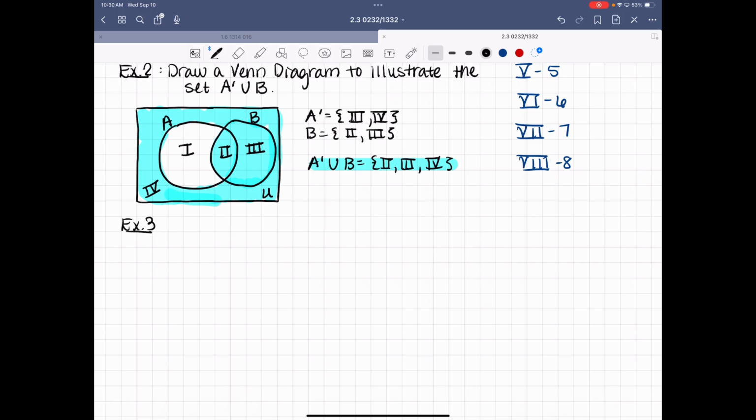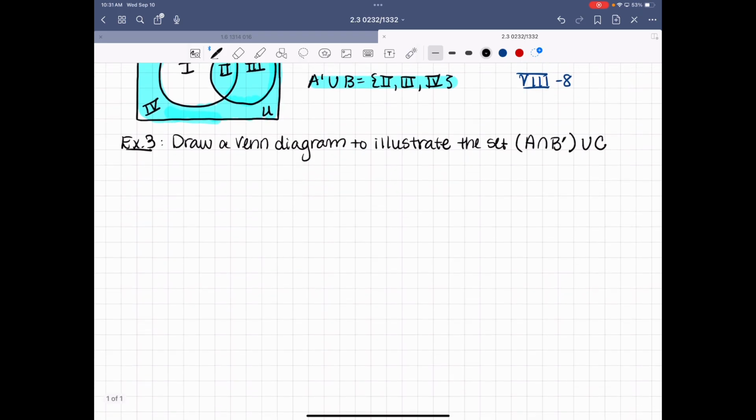Example 3. Y'all like, knew it was too good to be true. Same directions. Draw a Venn diagram to illustrate the set A intersection B complement united with C. Uh-oh.